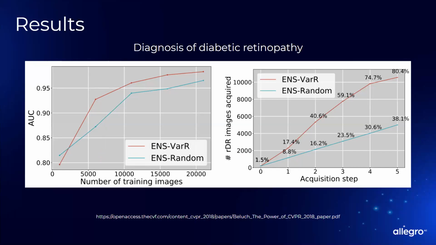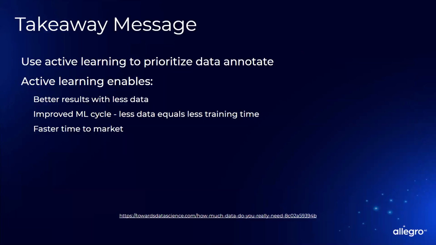So this slide comes to show you that this approach is real, it works. It's less fancy than the stuff that's going around right now with self-supervised, semi-supervised. Just put a pipeline, you do some student-teacher networks, and it works. Takeaway message: you can get better results with less data.